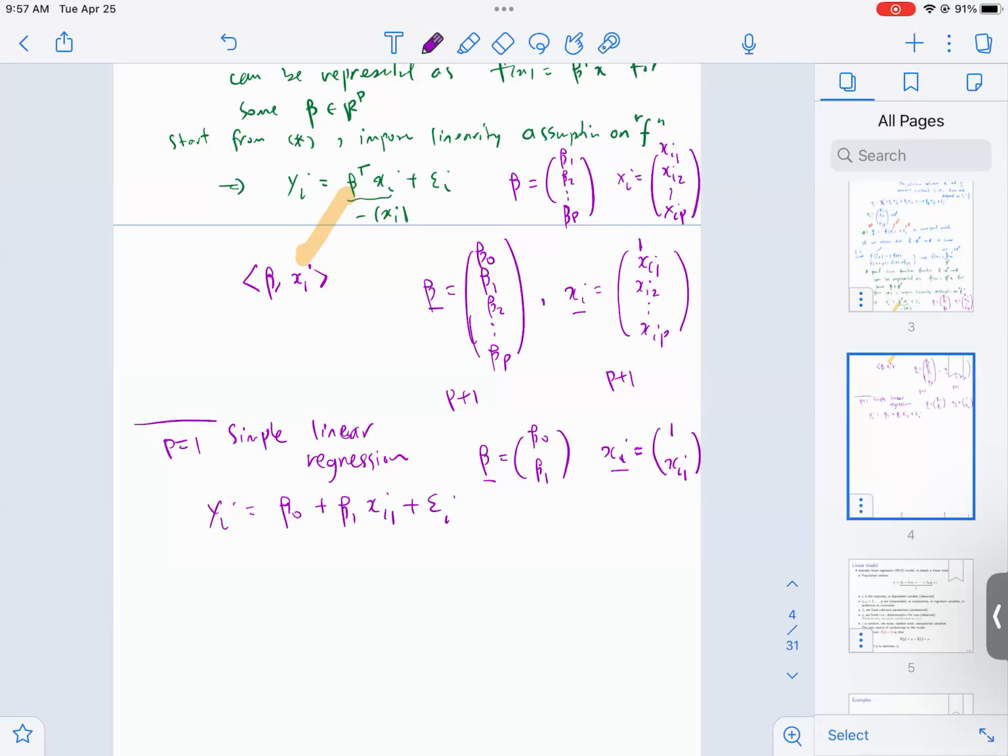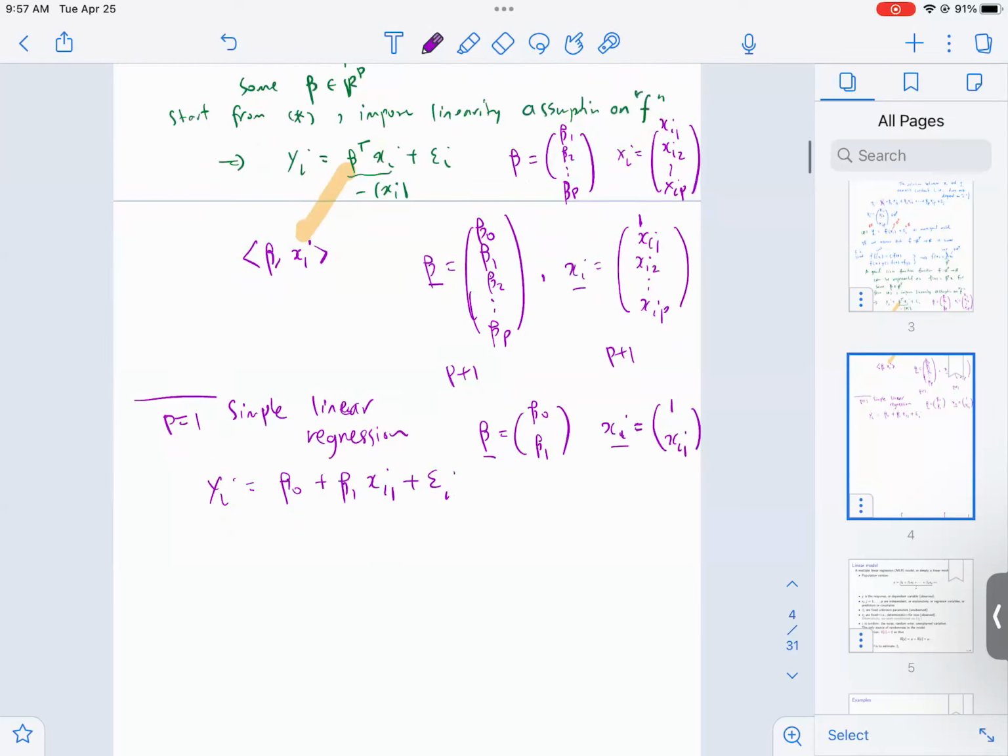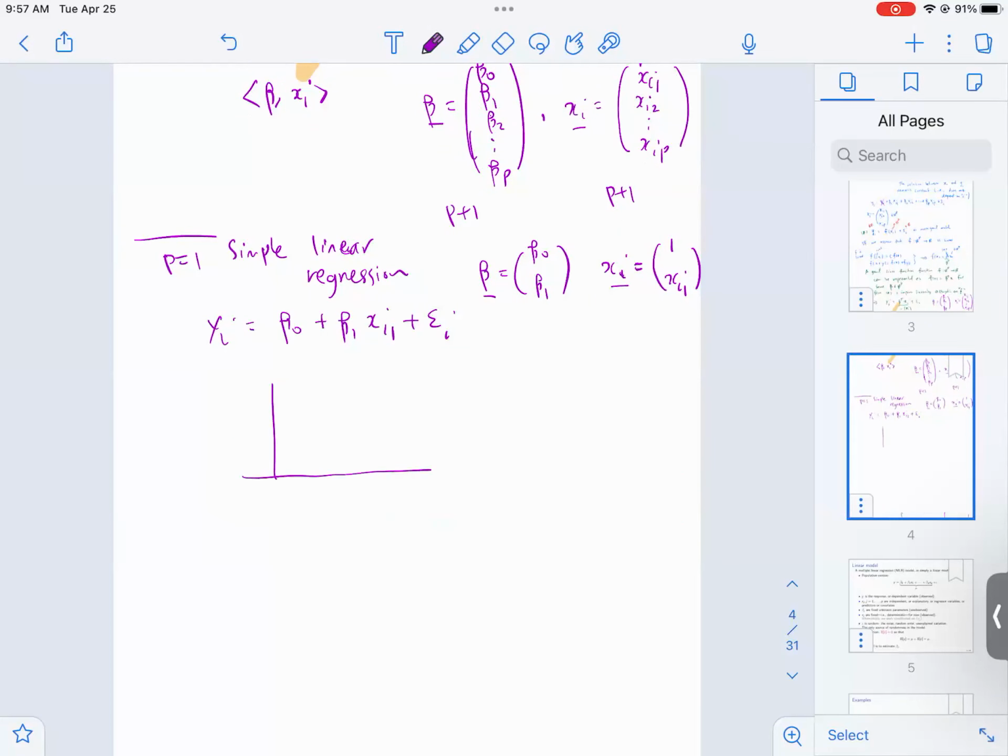So a simple linear regression, this one I can easily plot, and you probably know you can do a scatter plot of xi1 versus yi. So what is a scatter plot?